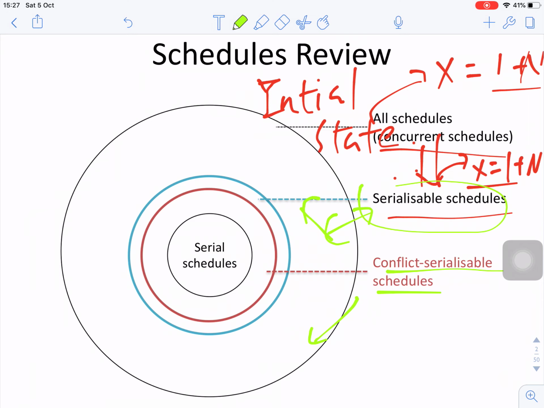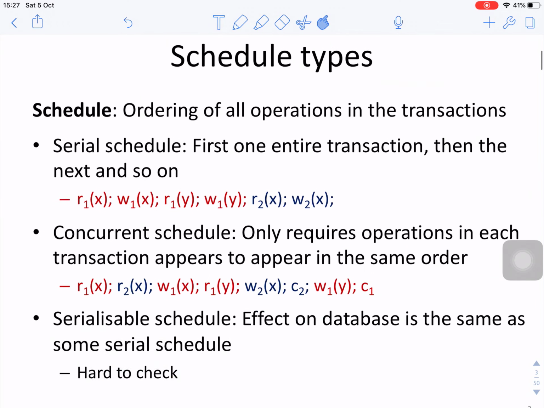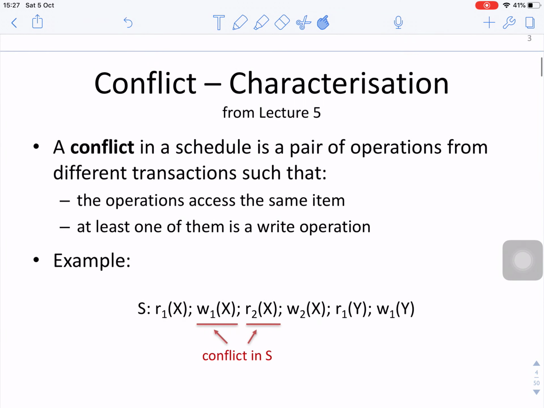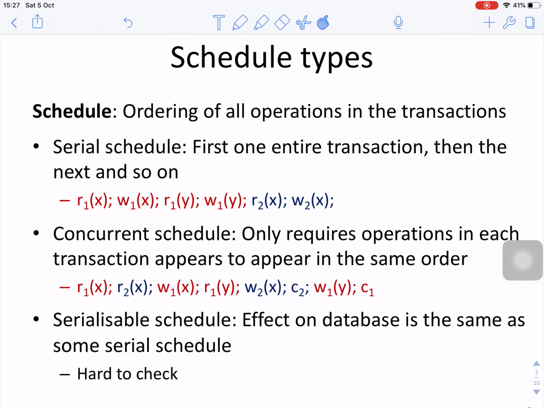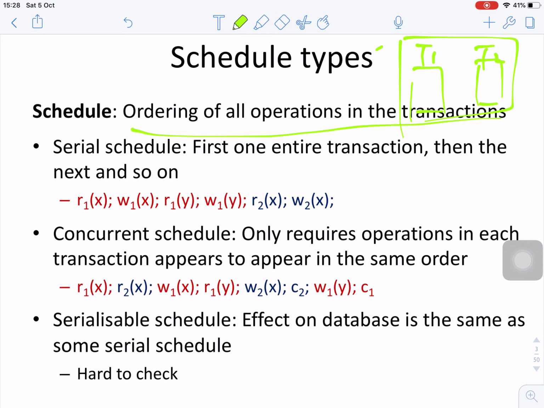So firstly, what is a conflict? A schedule is the ordering of all operations in the transactions. Here is an overview: this is transaction 1, this is transaction 2, and combined together they are called the schedule.